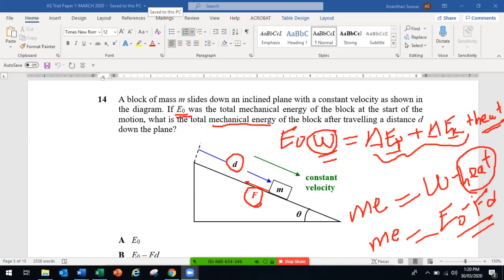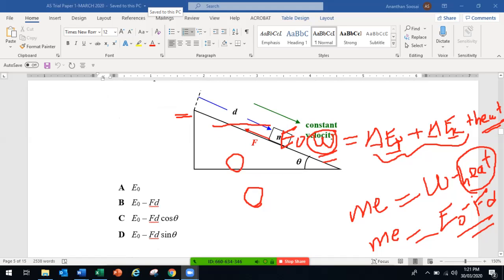The total minus the mechanical energy possessed after you travel a distance d is the difference, that's your heat. So they're asking for the final mechanical energy: the total energy E naught minus the heat generated is the remaining mechanical energy. More heat generated, less mechanical energy towards the end. So it should be B.